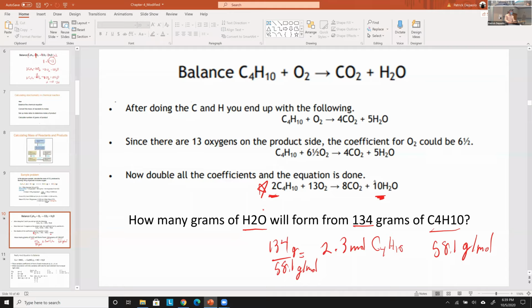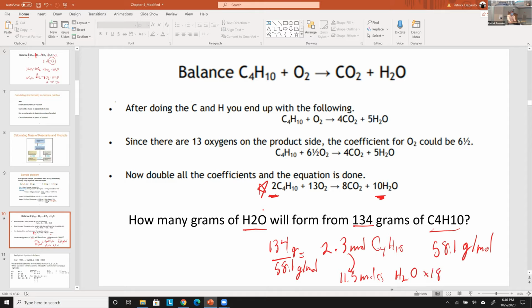So if 2 moles equals 10 moles, meaning it multiplies by 5, then 2.3 moles is X amount of moles, meaning 2.3 times 5. That gives us 11.5 moles of H2O that's produced from 2.3 moles of butane, C4H10.